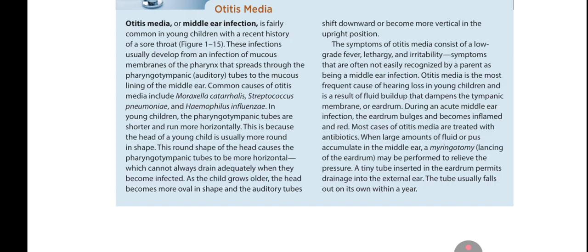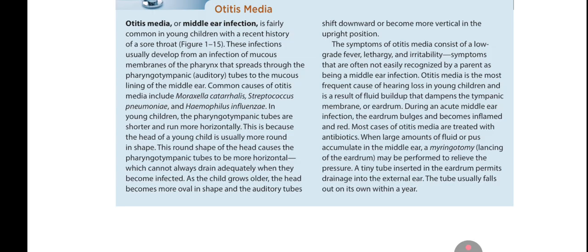However, as the child grows older, the shape becomes more oval, and it shifts from very susceptible to less susceptible, because the auditory tubes shift downwards or become more vertical in the upright position.